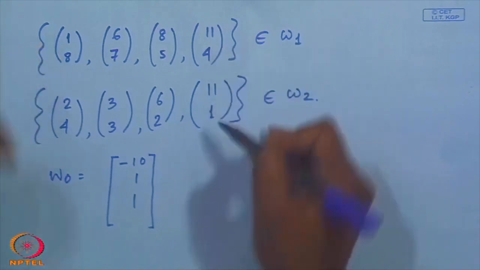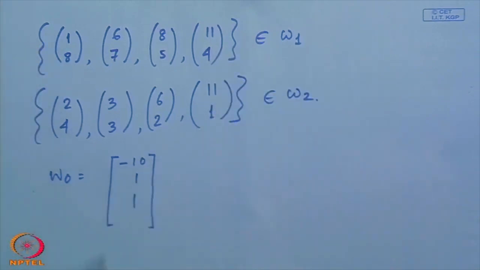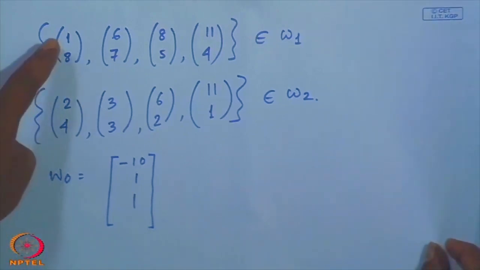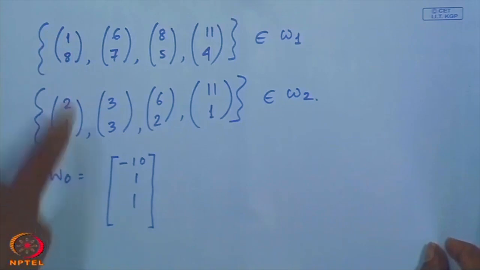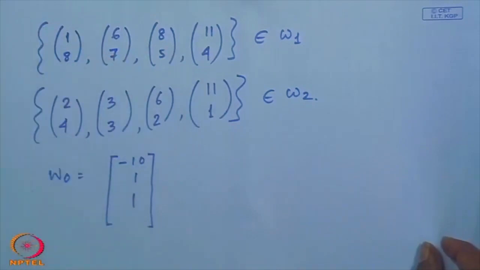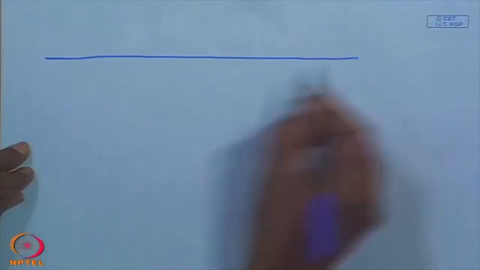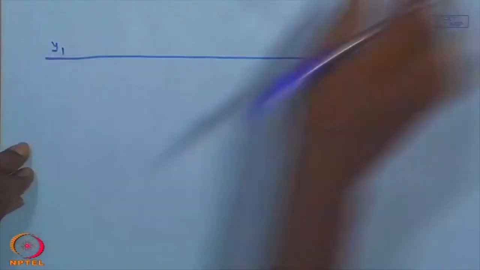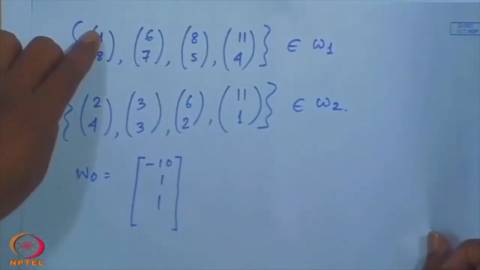So, this is my initial weight vector. Considering these vectors to be the vectors x, now I have to compute y out of these vectors. Okay. So, as we said that we have to append 1 to each of these vectors, and after appending 1, all the vectors which are coming from class omega 2, they have to be negated. So, I will get y1, which is nothing but 1 1 8, because I have to append a 1 over here.